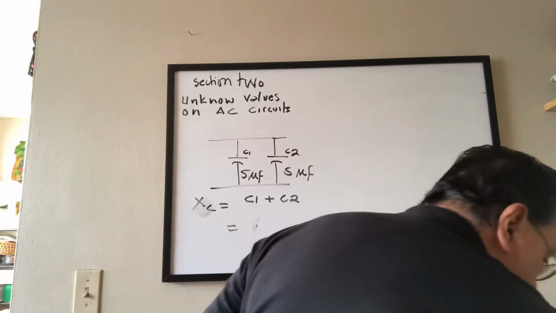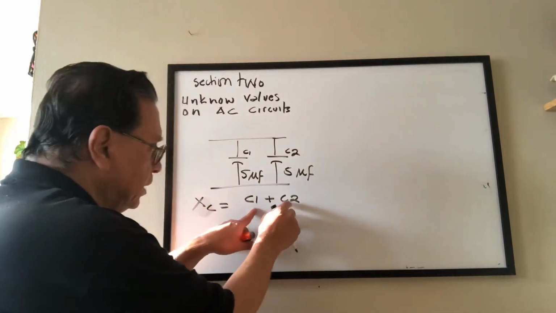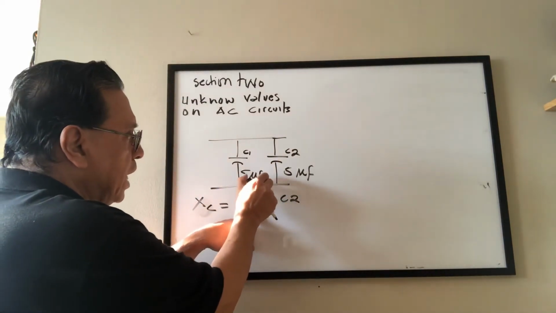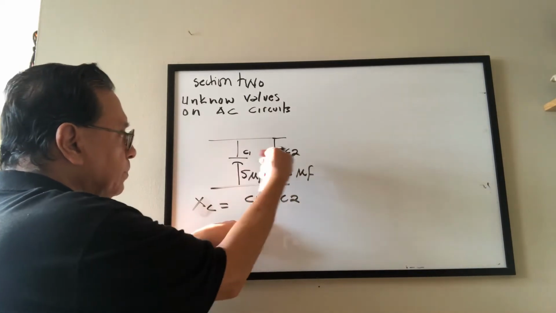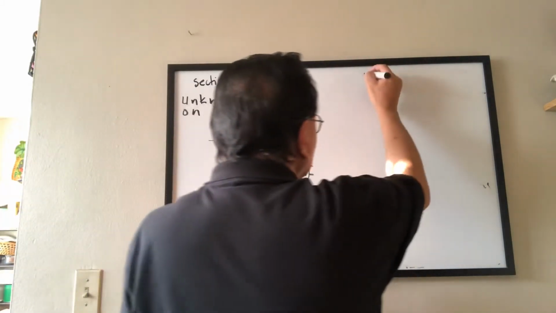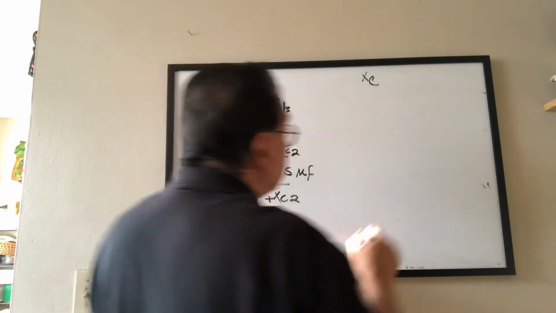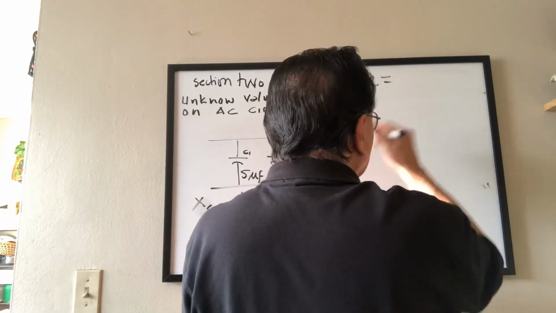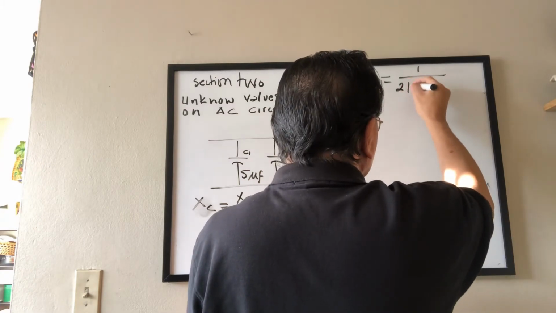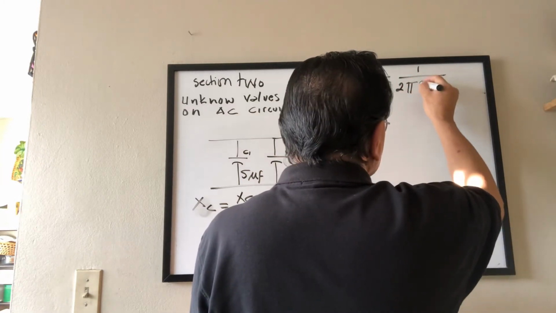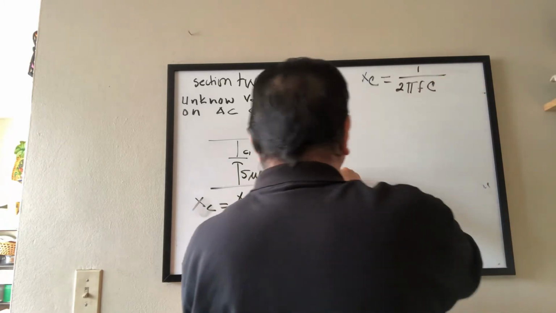But before I do this, I need to find out the ohms that each capacitor represents to the source of voltage. How do I calculate this? This is XC1, XC2. The resistance of a capacitor is calculated as 1 divided by 2 times pi times the frequency times the capacitance in microfarad.